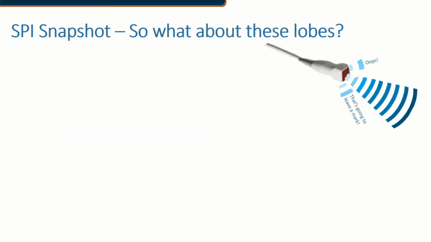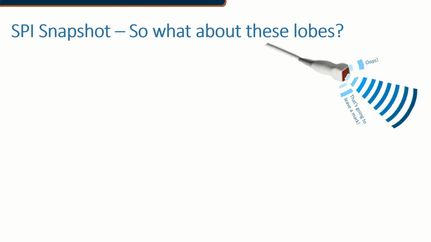Now, if we talk about side lobes themselves, we go, well, what is that? Well, we want to believe that we just have one central beam, but we don't. Depending on whether we have a phased array or a single crystal or multiple crystals, we get what are called side lobes and grating lobes. Grating lobes are usually associated with arrays.